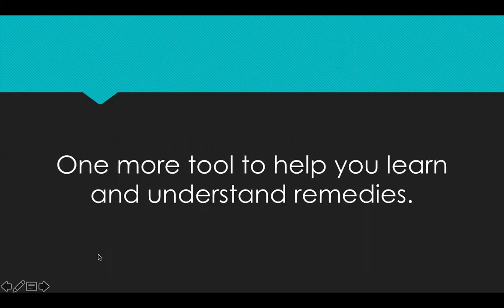So in short, this is just one more tool to help you learn and understand the remedies. This is kind of, I think, a fun exercise. It really helps us to think about the remedies and to compare them and understand them better.